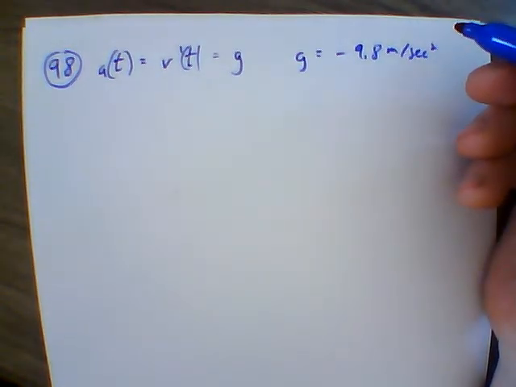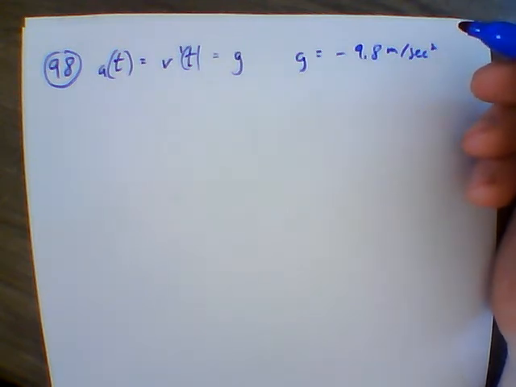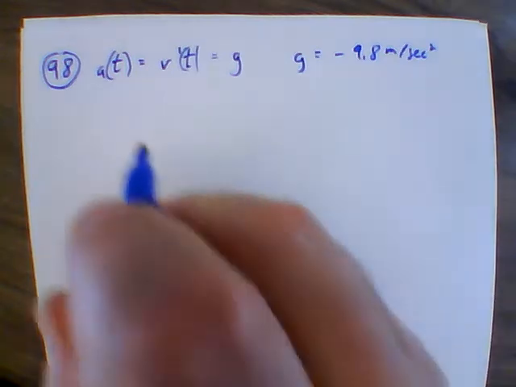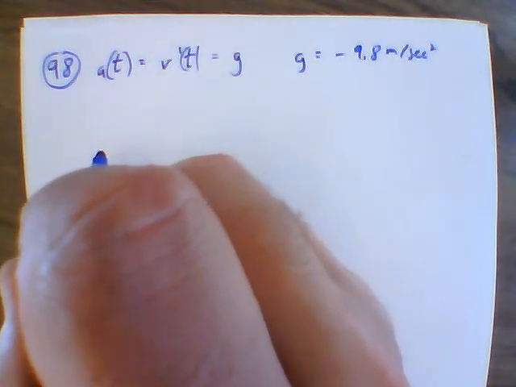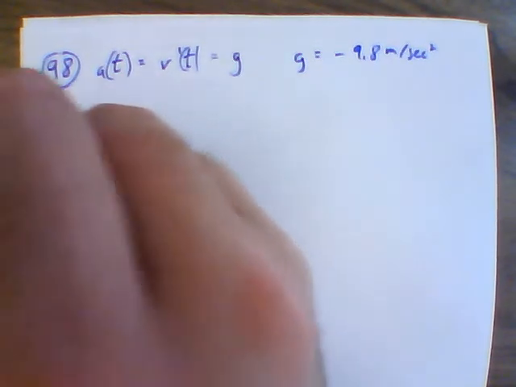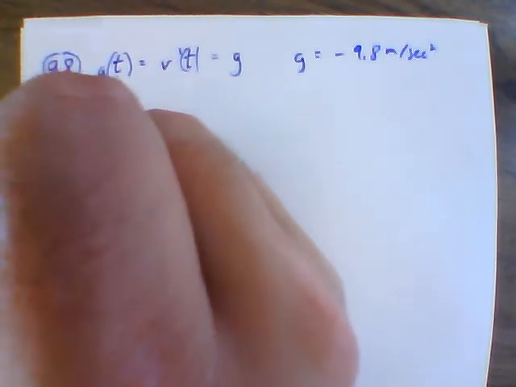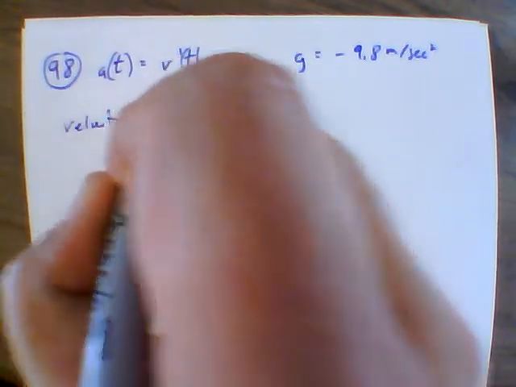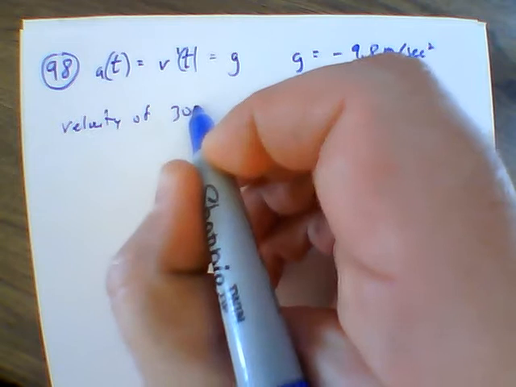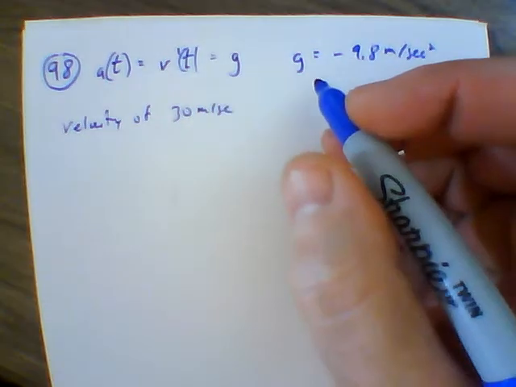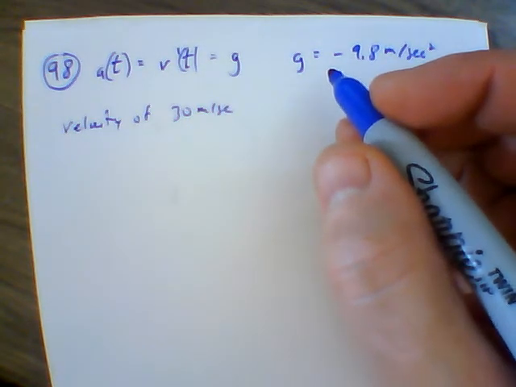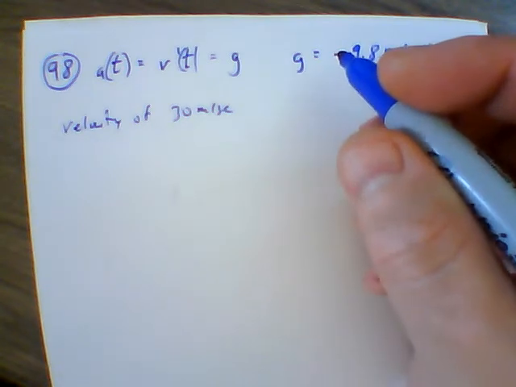Given this, it tells us to find the velocity of an object in relative times. Find the position. So they tell us that we have a stone is thrown upward with a velocity of 30 meters per second from the edge of a cliff 200 meters above the river.